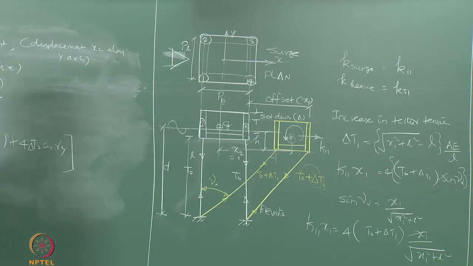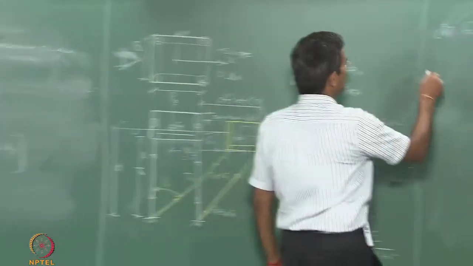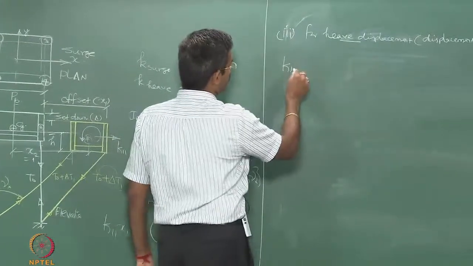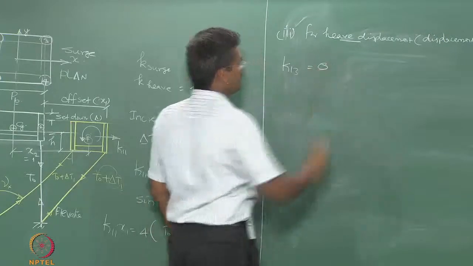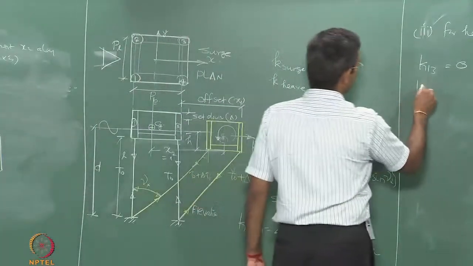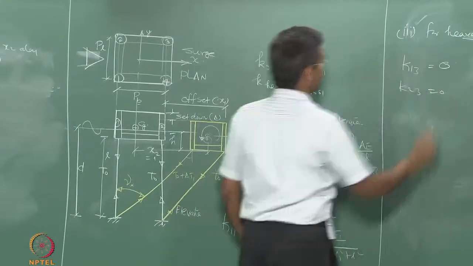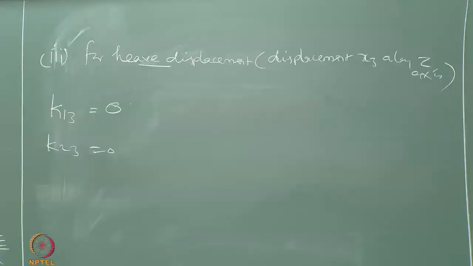Therefore, K13, there is no contribution in surge direction because of the movement in the heave direction, 0. Similarly, K23, there is no sway force because of heave movement, 0.